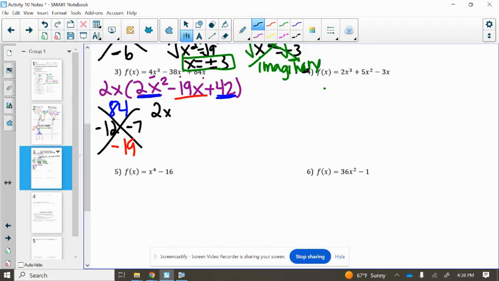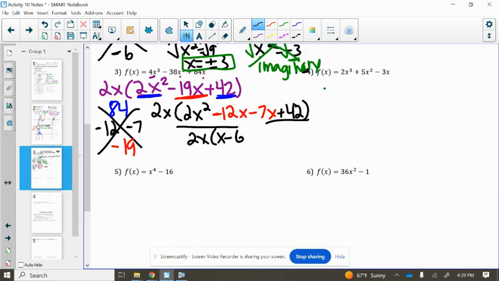So on this one, we have to be careful. We still have that 2x on the outside, and then on the inside, we have 2x squared, and this 19x is now getting broken up to be minus 12x, minus 7x, and then plus 42. And then we group each of these two pieces. So we have a 2x that can be taken out of the first group, a negative 7 that can be taken out of the second group.